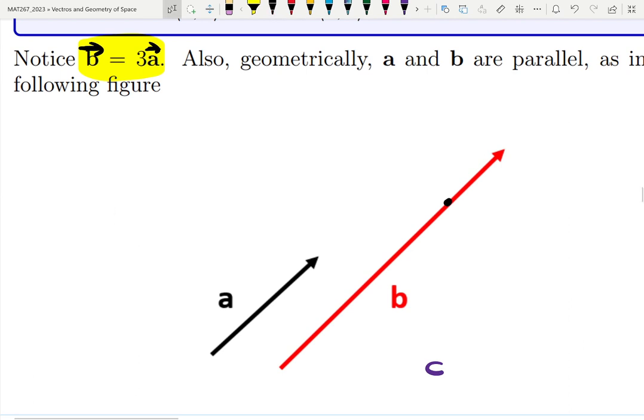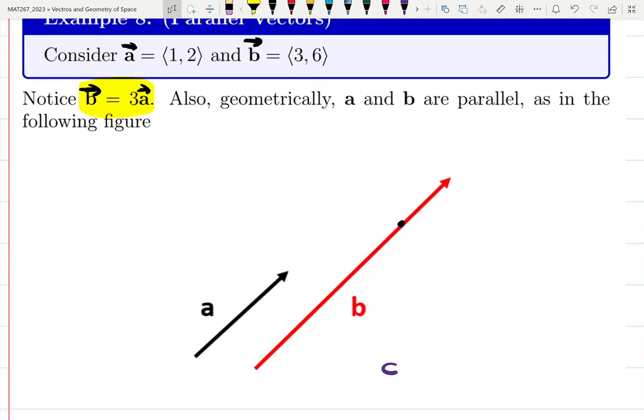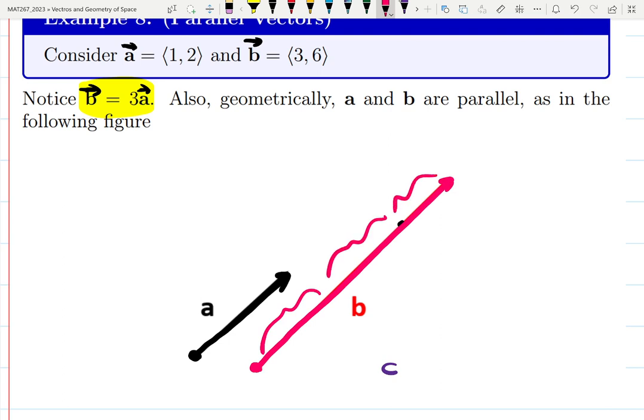Here's the visual. First, A is this one. B is the same one, but 3 times longer. 1, 2, 3. But they are parallel. They're pointing in the same direction. Let's check. You know, I never trusted those pictures. What if it's not the correct vector?